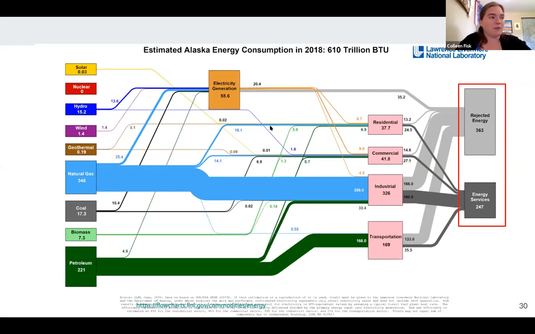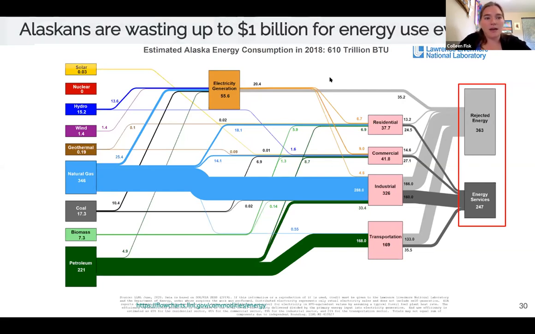So that's an important piece I want to share there. This one is Alaska 2018, and state officials estimate that it's $1 billion every year. That's the number associated with this rejected energy. So that's real dollars, a $1 billion bonfire that's not being used efficiently.